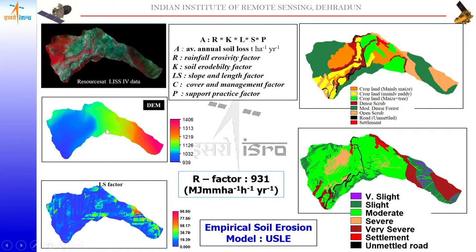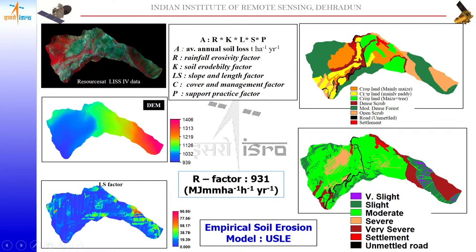You see the DEM has been used to prepare the LS factor map, the slope and length factor map. R you can get from the IMD, the meteorological department, and that value can be used to calculate annual rainfall erosivity. It is shown for Dehradun district.